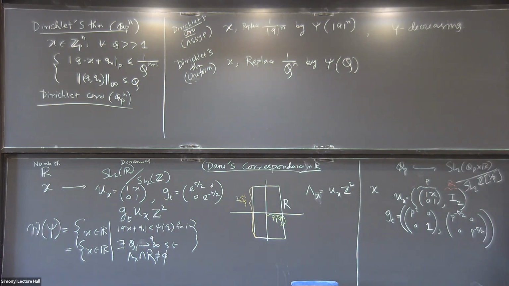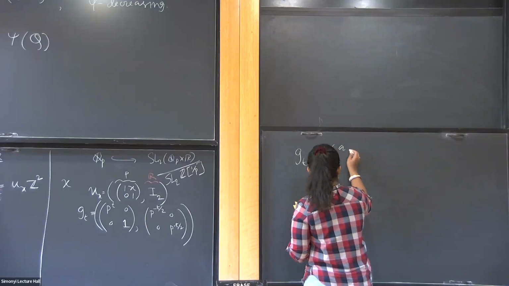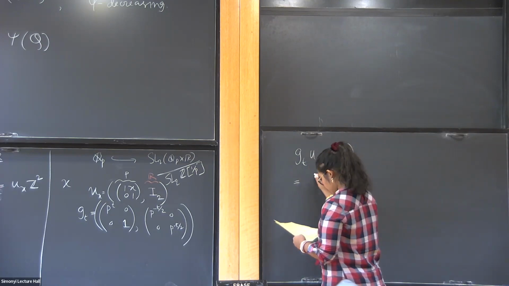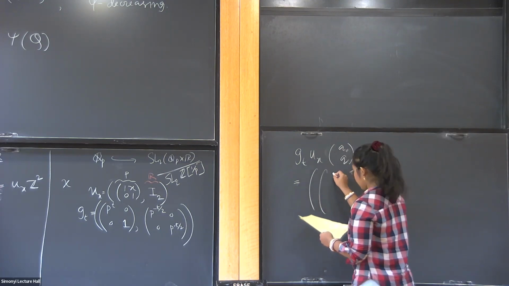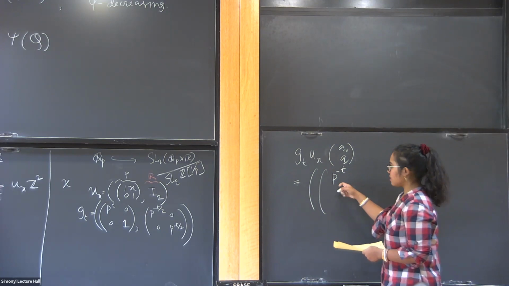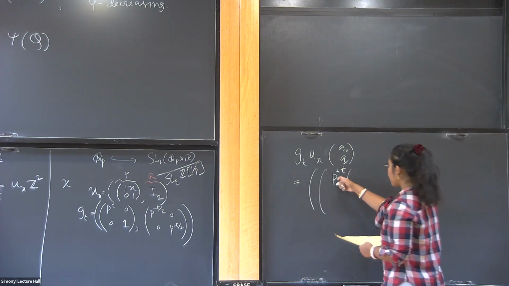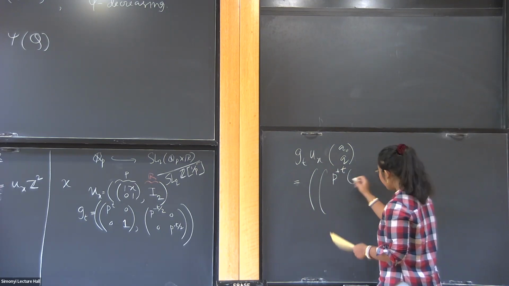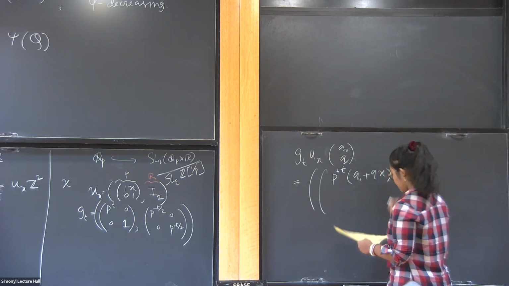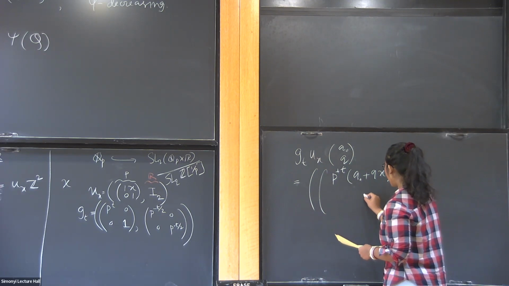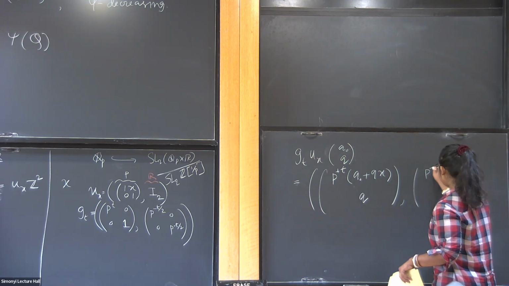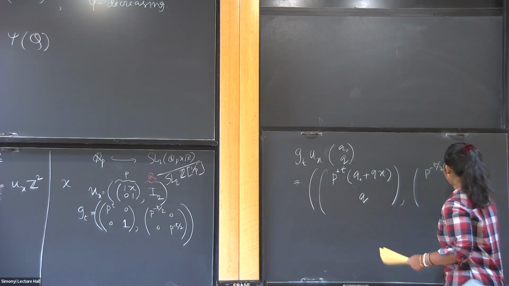So let's say Q naught, Q. Then this is going to p to the power minus t, since p to the power t. But if you take the norm, it's going to be p to the power minus t, Q naught plus Q x, and then you have Q, and then the other part is p to the power minus t by 2Q.